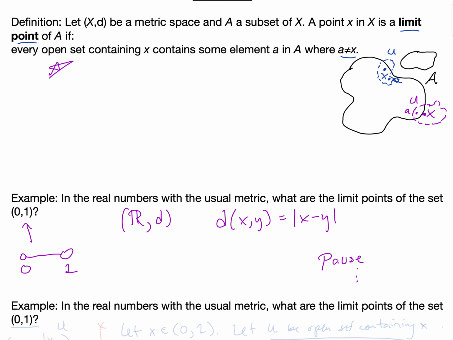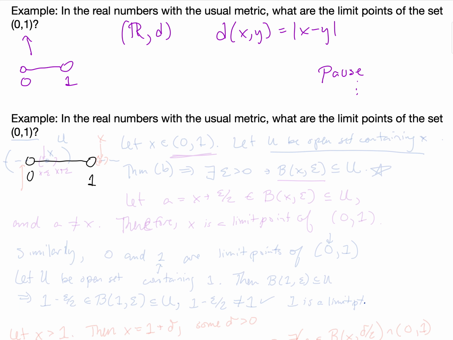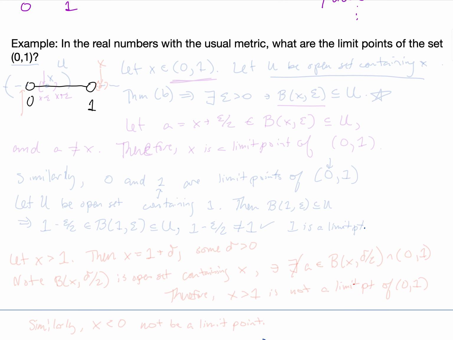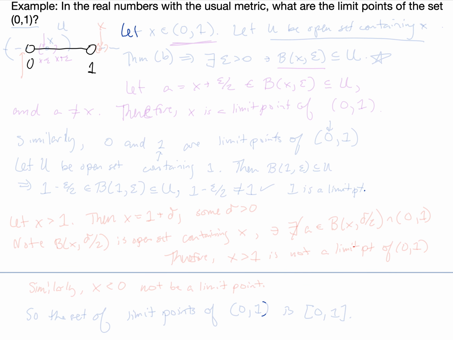First, we're going to show that every point in this open interval is a limit point of this particular set. So let x be an element of this open interval from 0 to 1. So maybe x is here. And we'll let U be an open set containing x.